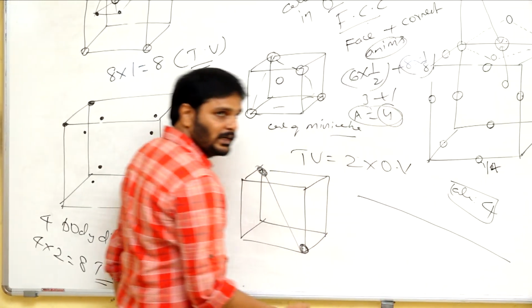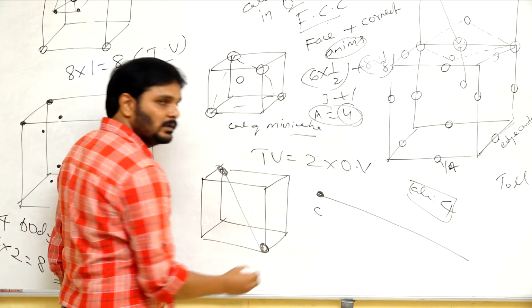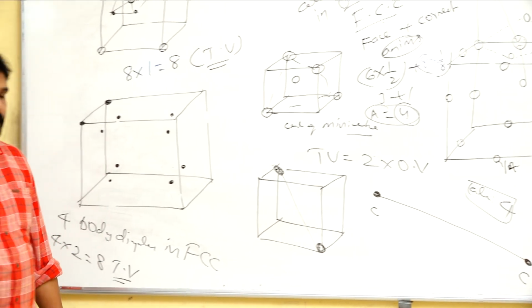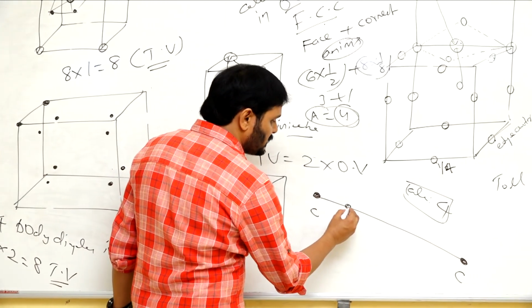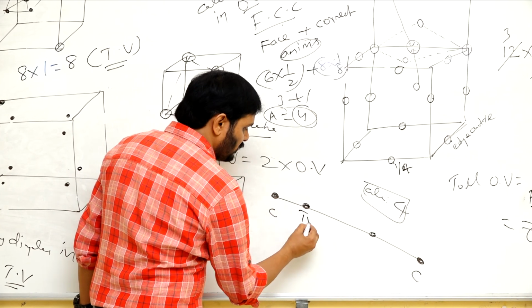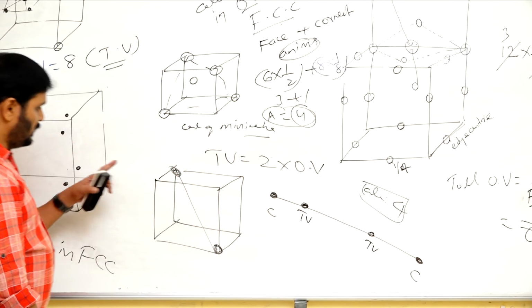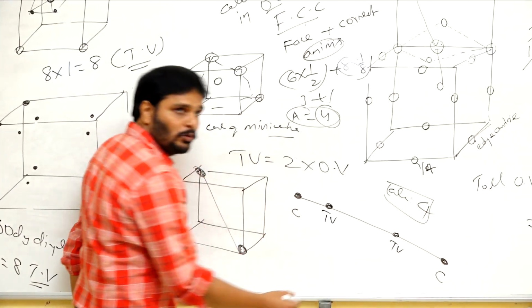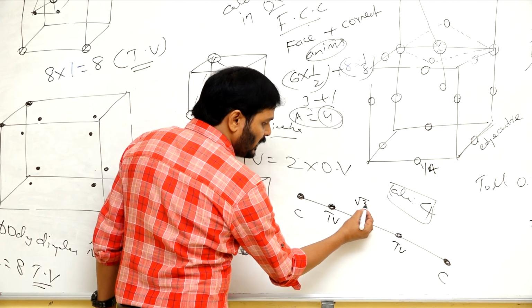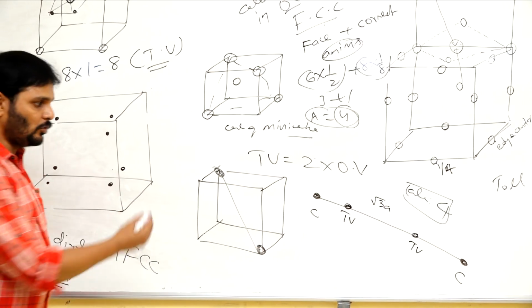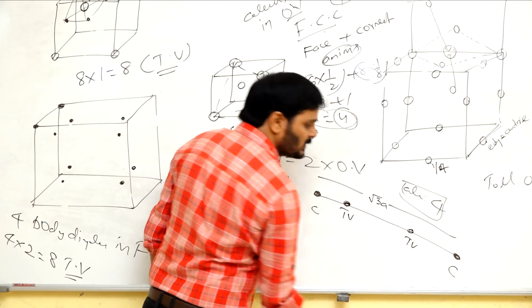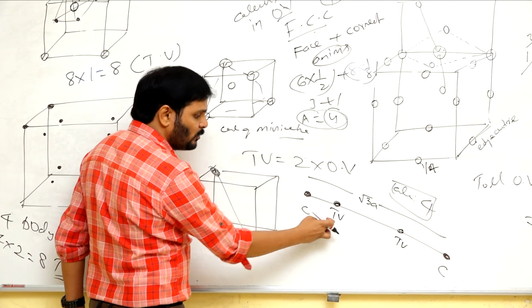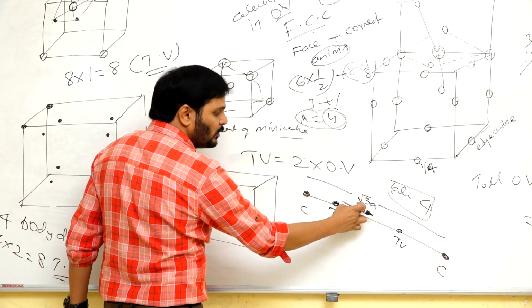Imagine this is a body diagonal. This is one corner. This is the second corner. Now you have tetrahedral voids. This is a tetrahedral void, and this is a tetrahedral void, one at each end. Now this is the total body diagonal, having a length of root 3a. Corner to tetrahedral void is 1/4 of this value.